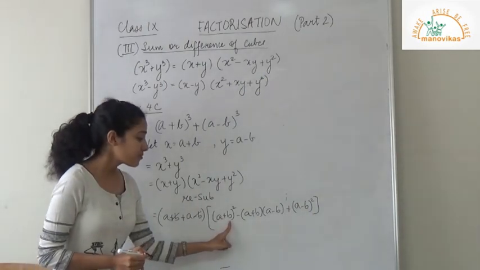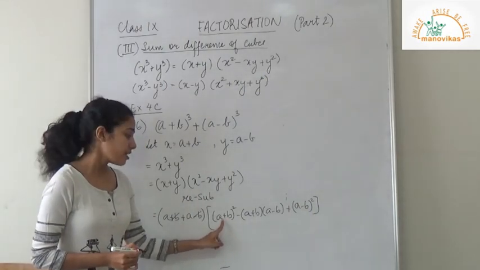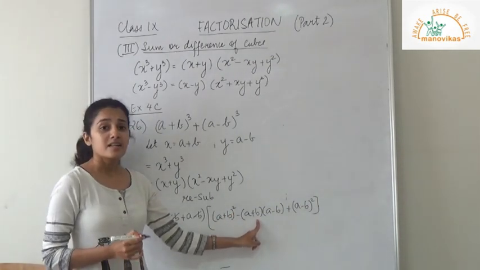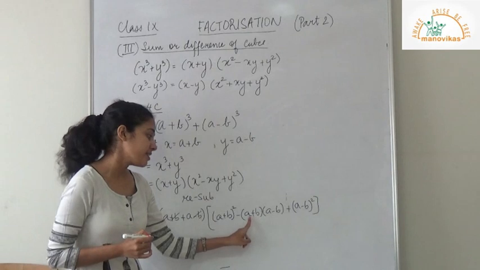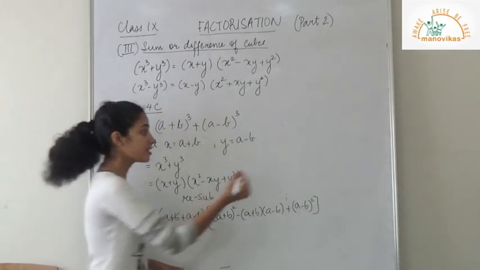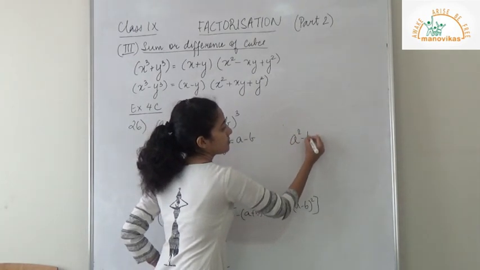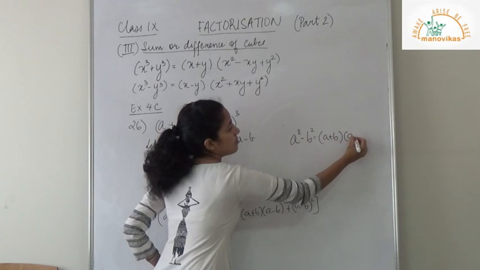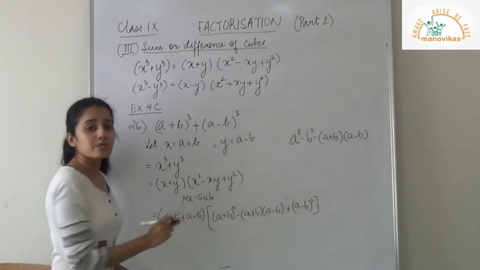Now note that the expansion of a plus b the whole square is a square plus b square plus 2ab. This is the difference of two squares identity, that is a plus b into a minus b is a square minus b square. If you have forgotten, we will be substituting it directly.